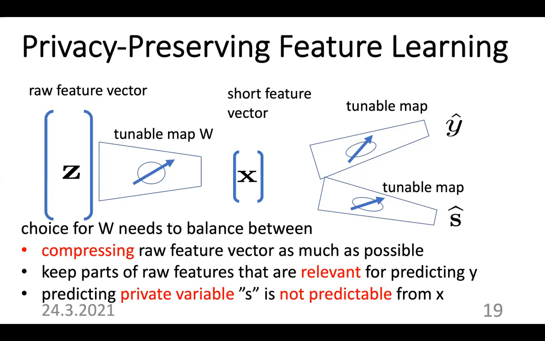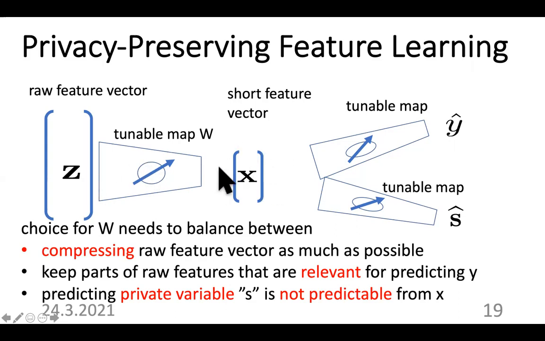And for this, we might not really need the name of a person or the gender of a person, but just some measurements. And instead of manually selecting privacy preserving features, we can learn privacy preserving features.